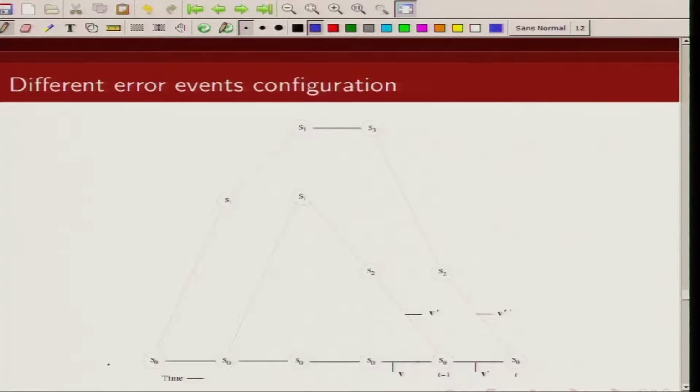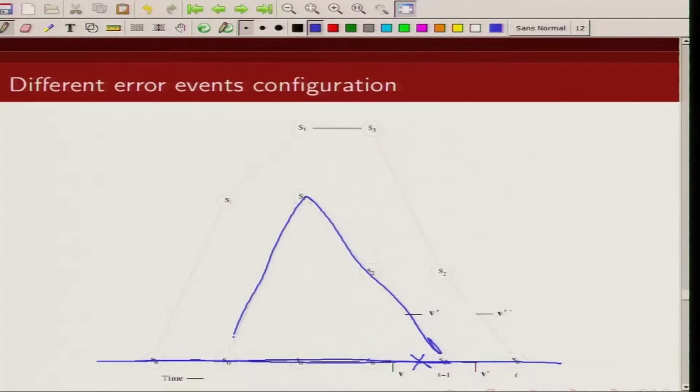For example, this is your all 0 state. When you came to this point, you notice that this metric was better than this metric. So, you discarded this and you decided in favor of this particular code word, which is your code word V dash. But then when you came here, again this metric was better than this. So, you discarded this and you decided in favor of this.